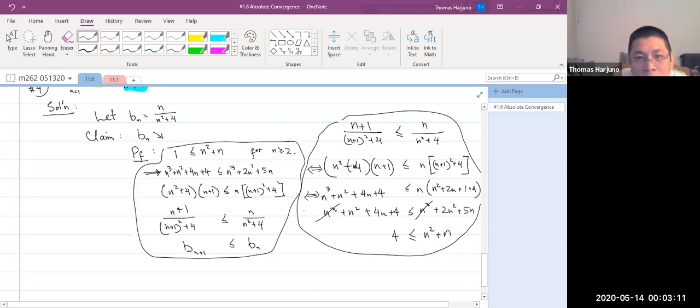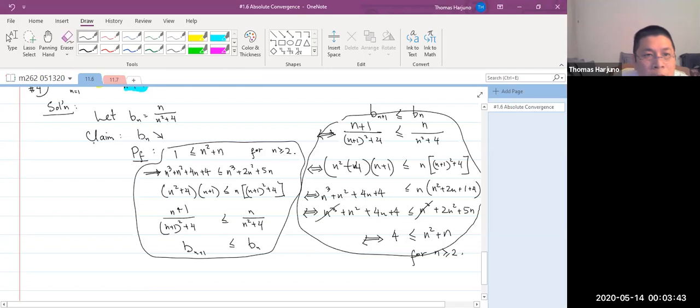This notation is if and only if. You are saying that Bn plus 1 is less than or equal to Bn is true if and only if n is greater than or equal to 2. Are you with me?